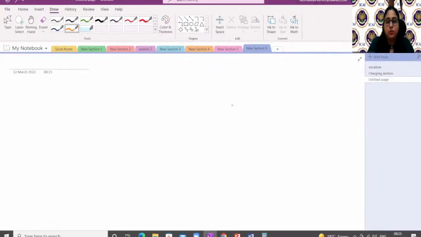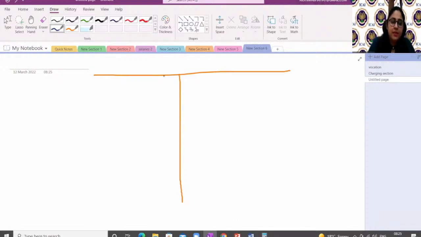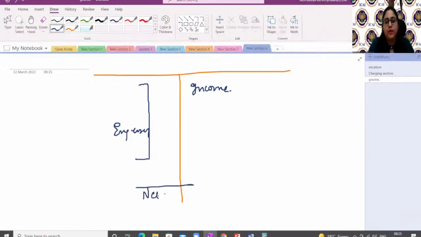Now, another thing, students, which you have to keep in mind is that you have to make a P&L in your accounts. What do you do in a P&L? You add income. I'm not making a trading account. Then you reduce expenses, right? You get net profit, correct? Then you appropriate such profit, appropriations like dividend and all.